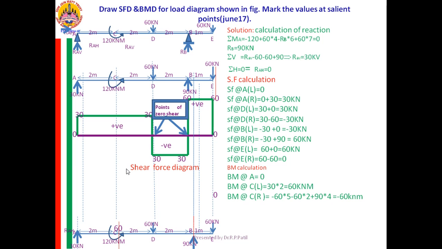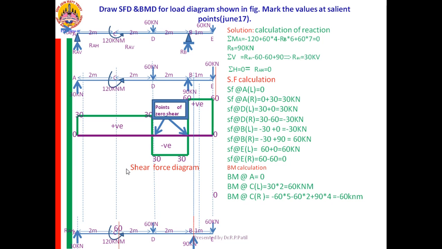The couple is at C. I am cutting the beam at the right of C and taking the left part, so that point C will come on the left part, and the couple will come on the left part. It is to be included in the calculation. While you are writing here, you are not telling him which part you are taking, you are telling him only where you are taking.